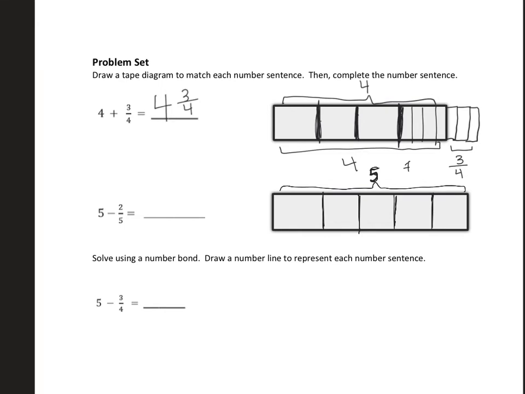Okay, so now you should have a tape diagram just like mine that has 5 units, and your total labeled at the top should be 5.